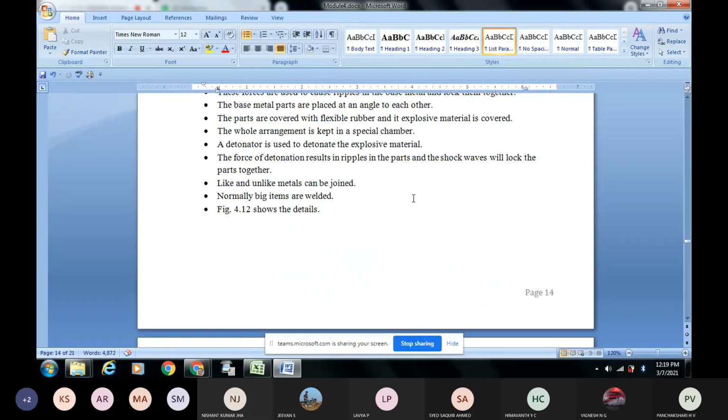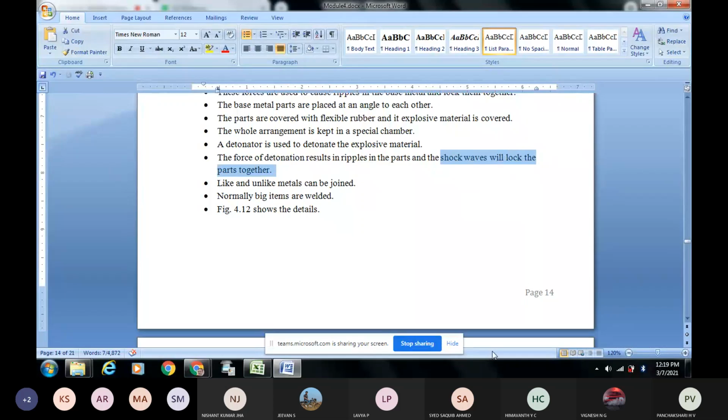A detonator is used to detonate the explosive material. The force of detonation results in ripples in the parts, and shock waves lock the parts together. What makes it lock is the shock waves. What is the meaning of shock waves?